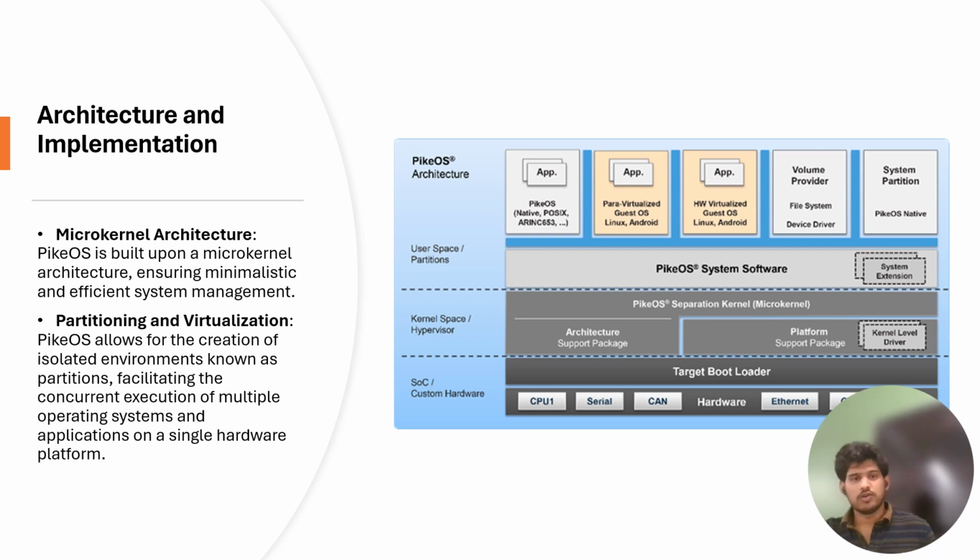So this is the architecture block diagram of PikeOS. It has a microkernel architecture, which makes it efficient for system management. Let me show you something in this diagram. It has partitions within the system, so that it can run multiple OSs on a single hardware device.